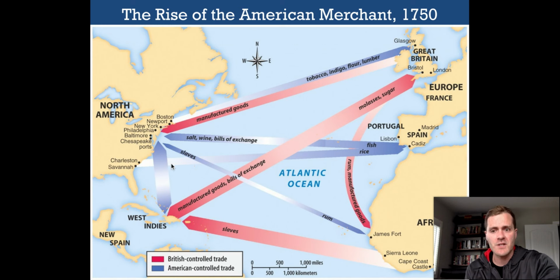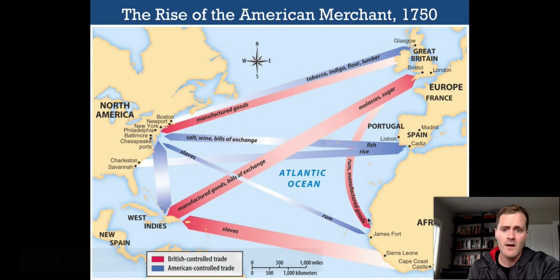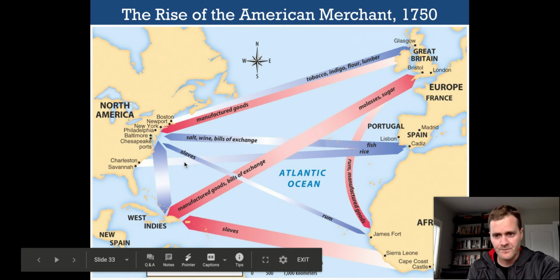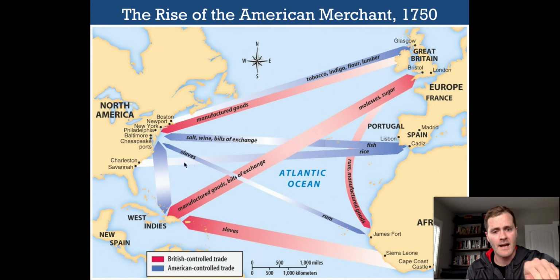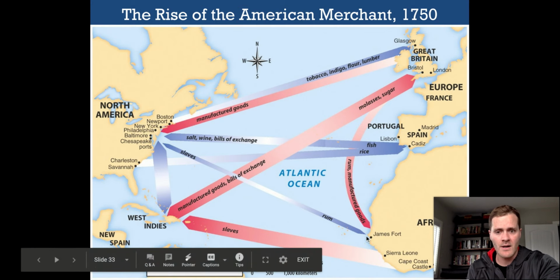We see each region of the British North American colonies creating its own unique economy, but all three regions participate in this system of mercantilism, producing raw materials, sending them to the mother country, and buying back manufactured goods. We see smaller levels of exchange between the North American colonies and Africa, largely on a slaves for rum type of exchange.